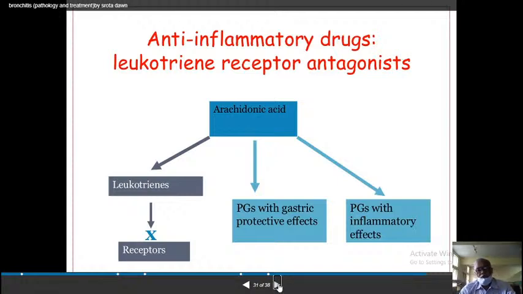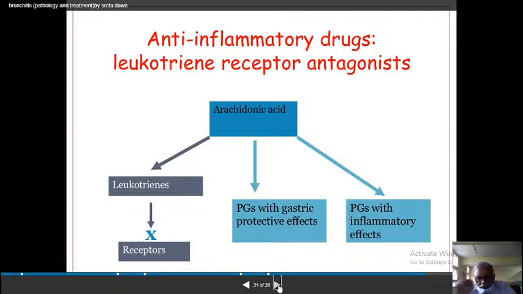The anti-inflammatory drugs like leukotriene receptor antagonists: arachidonic acid and leukotriene will act upon the leukotriene receptors. The prostaglandins have gastric protective effects. Arachidonic acid will act, which is an anti-inflammatory, the leukotriene receptor antagonist.